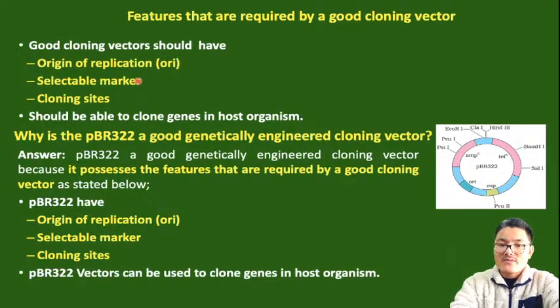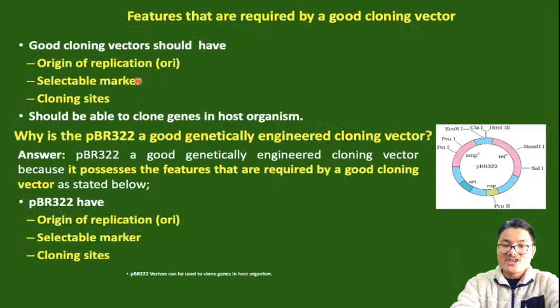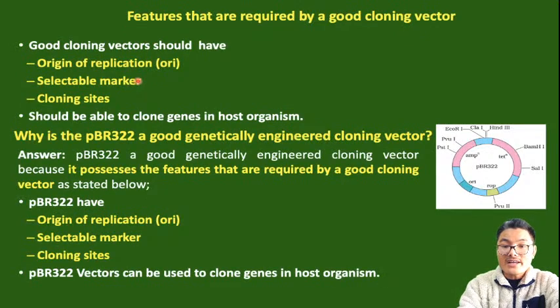So with this we'll stop here. In the upcoming classes we'll discuss each of these different features required by a good cloning vector. So a good cloning vector example that we have studied is pBR322, constructed by Bolivar and Rodriguez.